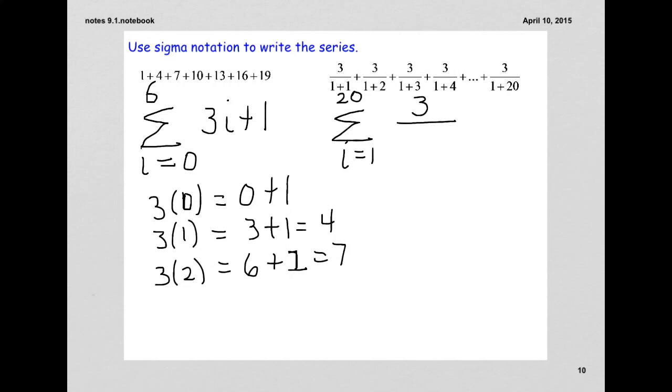And it seems to be 1 plus my i. So I can double check that. That's going to be 3 over 1 plus 1. That's good. 3 over 1 plus 2. That's good. 3 over 1 plus 3. That's good. So that looks like my summation notation for that problem.